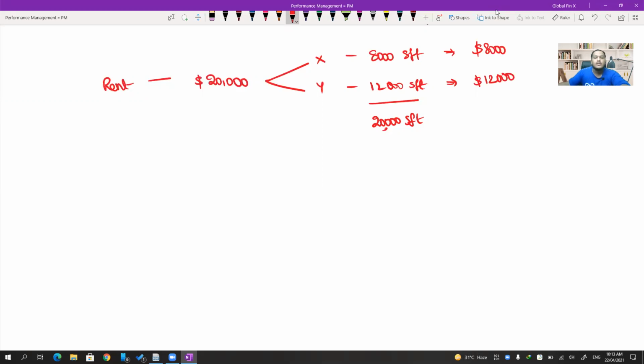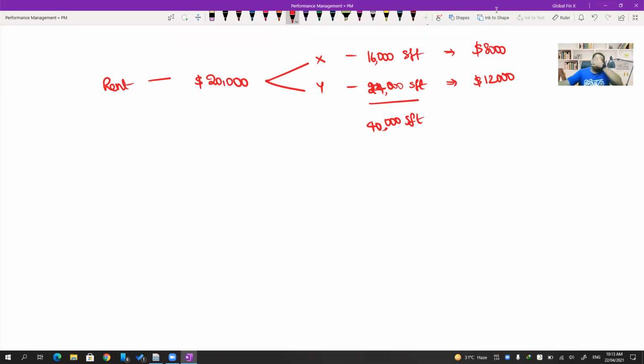You're able to understand this? Or else if I make it 40,000 SFT, with X at 16,000 and Y at 24,000, I will allocate in the same 2 is to 3 ratio. So 8,000 and 12,000.